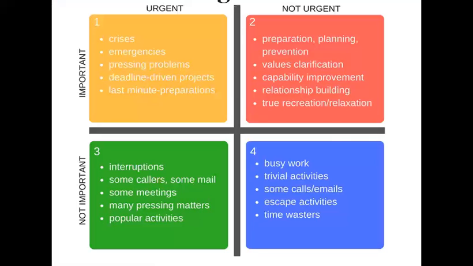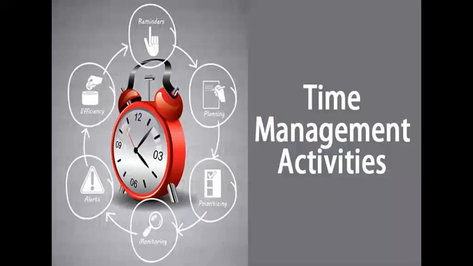Understood? So here are some activities through which you can manage your time. Like you can make a to-do list. Okay. Then you should know how to prioritize things. You should know which work to do first, which work to do next. Then you can monitor your work on a regular basis, like how much work is left, how much work has been done.